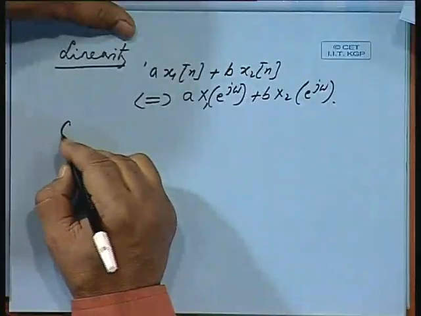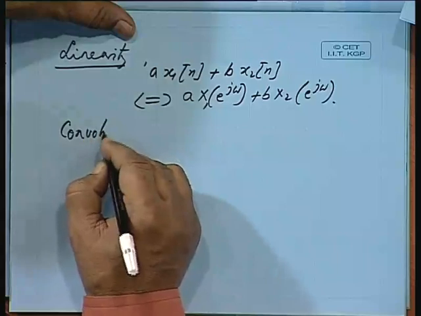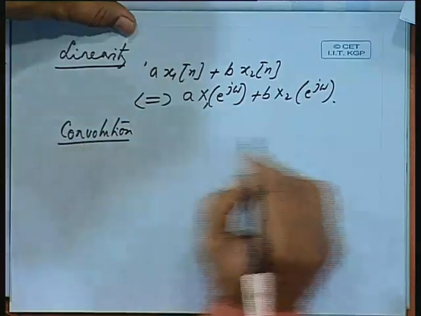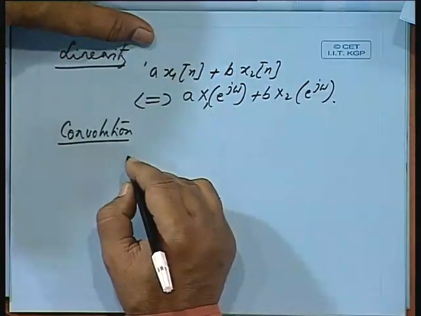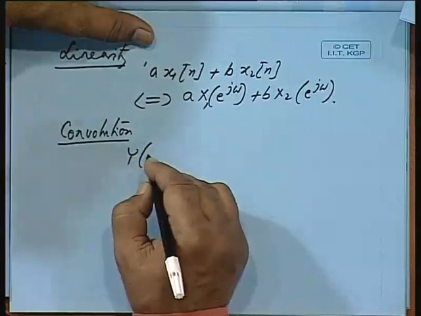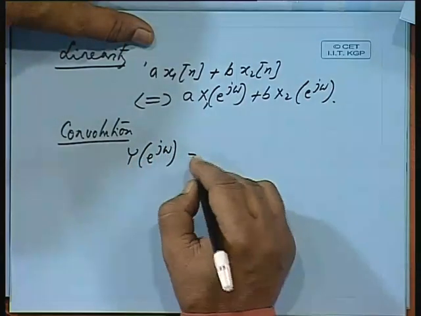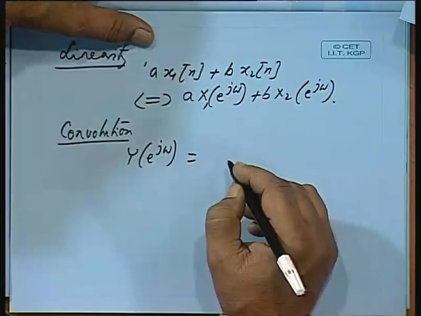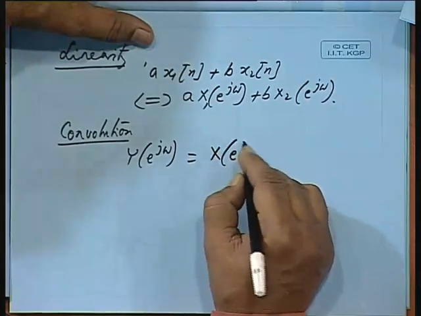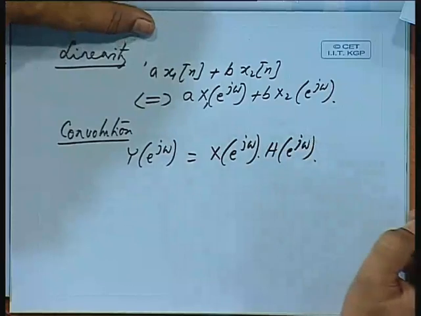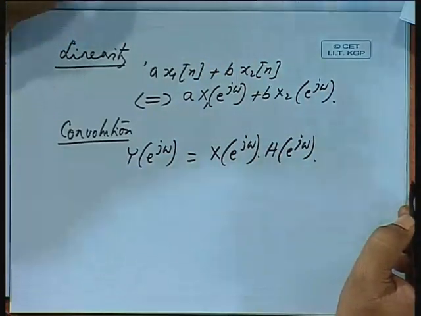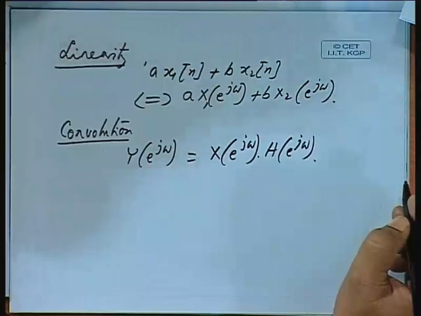Then your convolution will also be similar. Suppose you have output y as x convolved with h. In the frequency domain it will be x e to the power j omega times h e to the power j omega. If you can find out the values, it is okay.